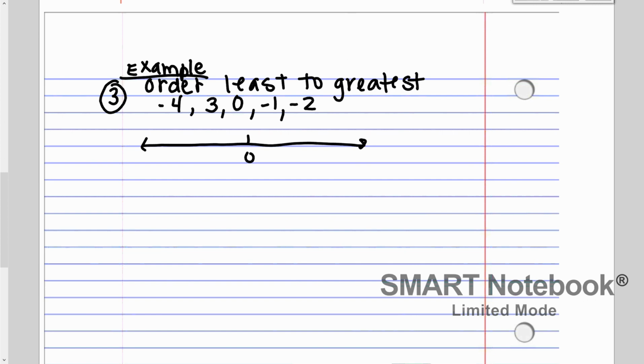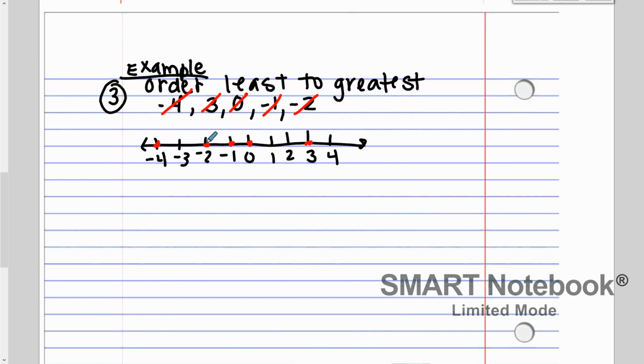Plop 0 in the middle, count up, count down. Then I'm just going to go through this list and put those dots. So -4 would go here, 3 would be here, 0 right in the middle, -1, -2.